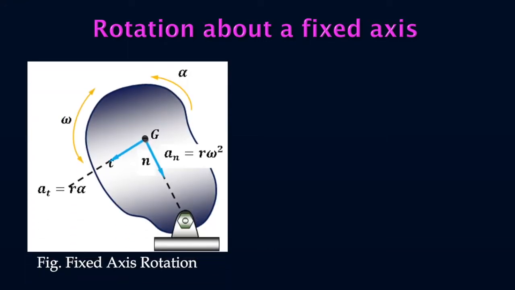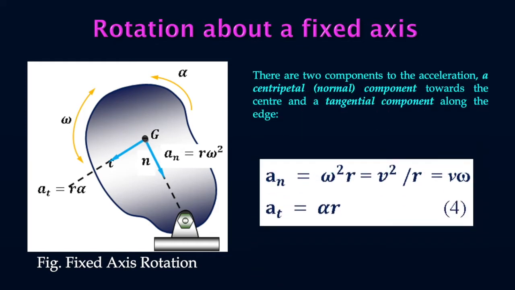Let's consider this is the rigid body, fixed or pinned at this end, and rotating with angular velocity omega and angular acceleration alpha. We will notice that there are two components of acceleration.